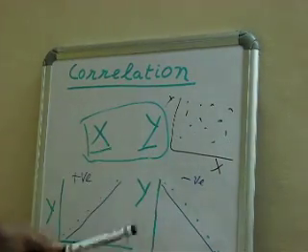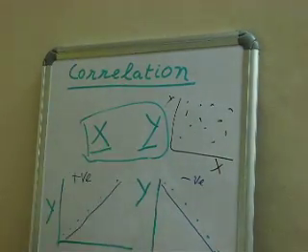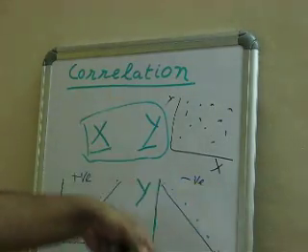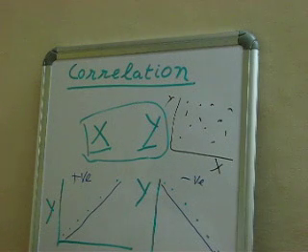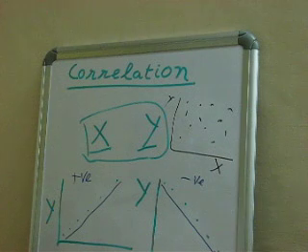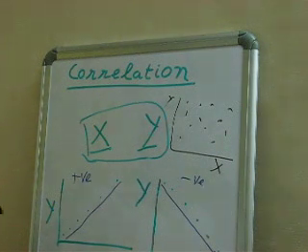For a value of x, there can be any value of y. You cannot determine clearly what the particular value of y will be for a particular value of x. So this is how you determine what type of correlation it is, how your two variables are related to each other, and how much interdependency there is between the two variables.